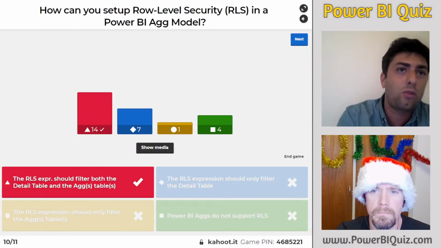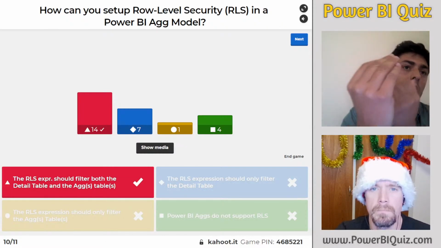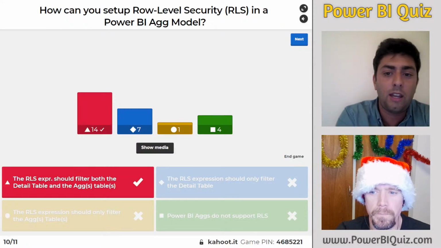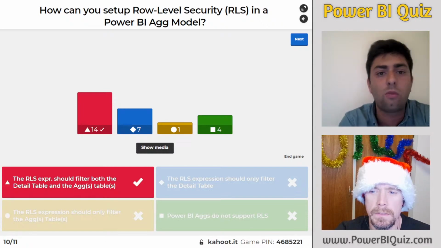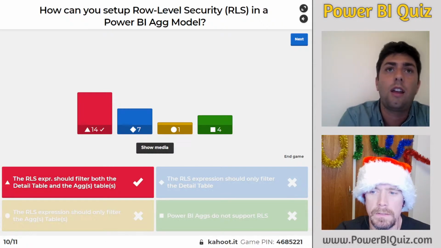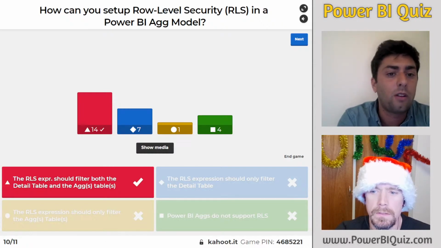You might have some security leaks or some data which will be exposed to your end users or to the users who are querying the model, and it won't be allowed. So in the first version of Power BI aggregations, row level security was not supported by Microsoft. It didn't work at all.